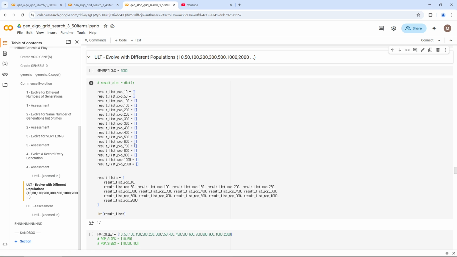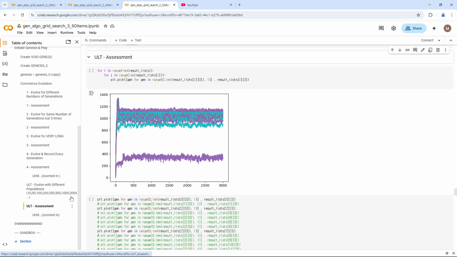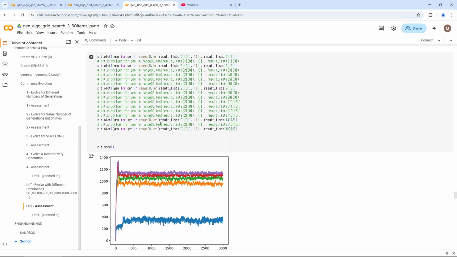And when I do that with different numbers in the population, from population 10 to population 2000, and plot things out, it seems that, well, number one, it just took more population to peak at a higher level, above 1300 this time, which is awesome.